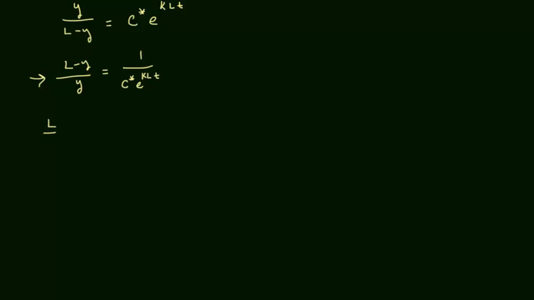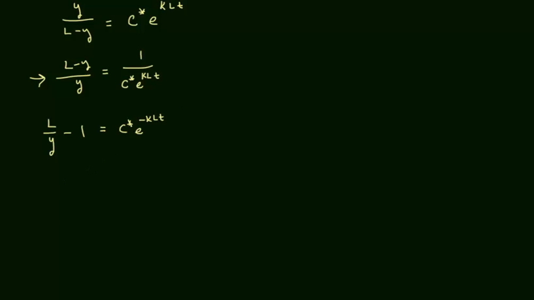So L over y minus y over y, which equals 1, equals, and then I'm also going to bring this quantity back up to the top, c star e to the negative K L t, so it's now in the numerator as a negative exponent.